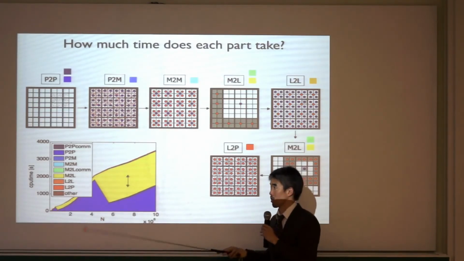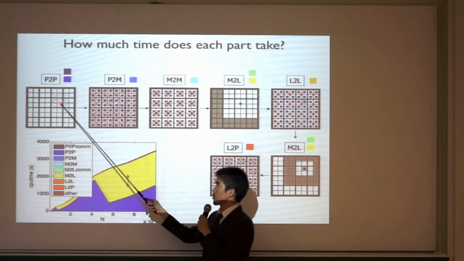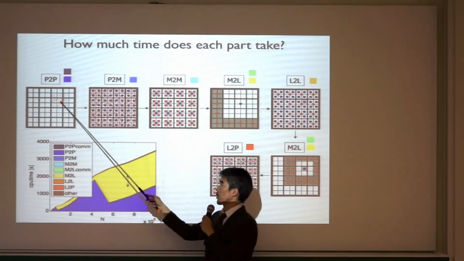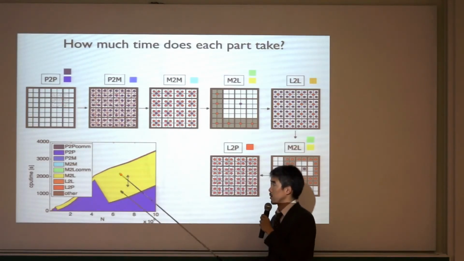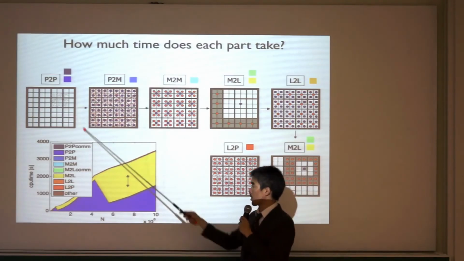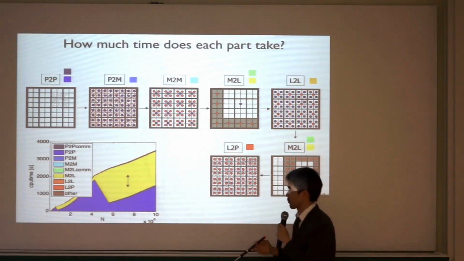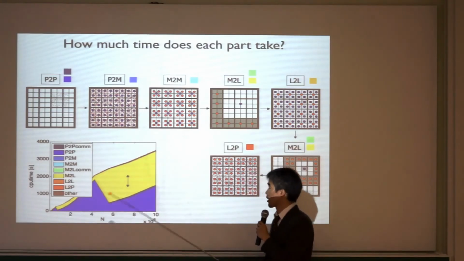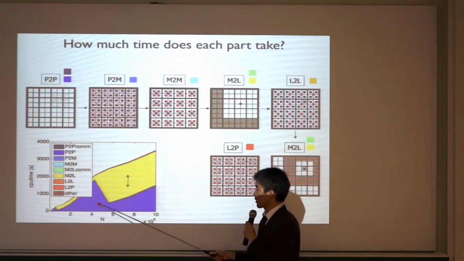You don't need to write such a thing. All you need to do is keep a threshold for how many points you want per leaf box. That's one number that you need to assign to the code, and then this subdivision will happen at the right timing automatically. So that's sort of the timing balance.